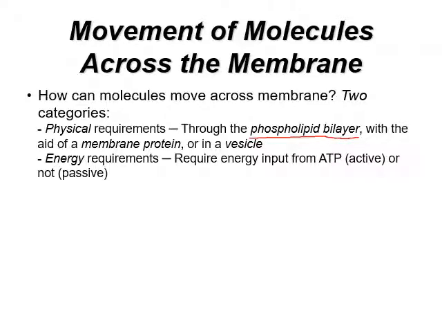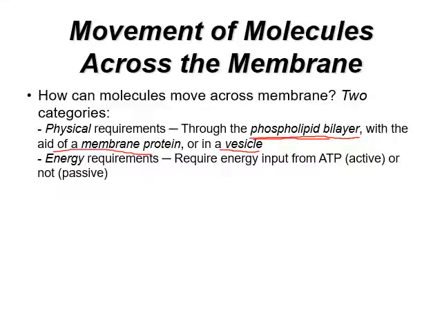Okay, so that's their requirement. They just have to go through the membrane. We will see for some of those other molecules that aren't allowed in directly through the phospholipid bilayer, we're going to see the use of membrane proteins or vesicles. Okay, depending on the molecule, it depends on how it can move across the membrane.